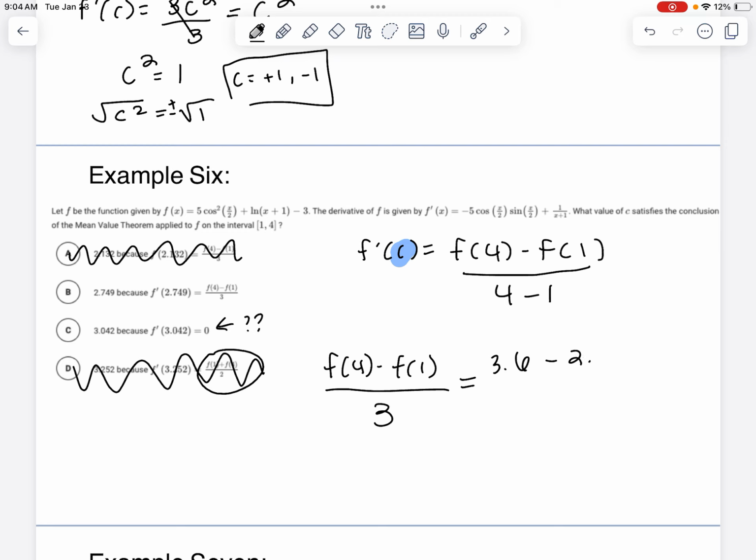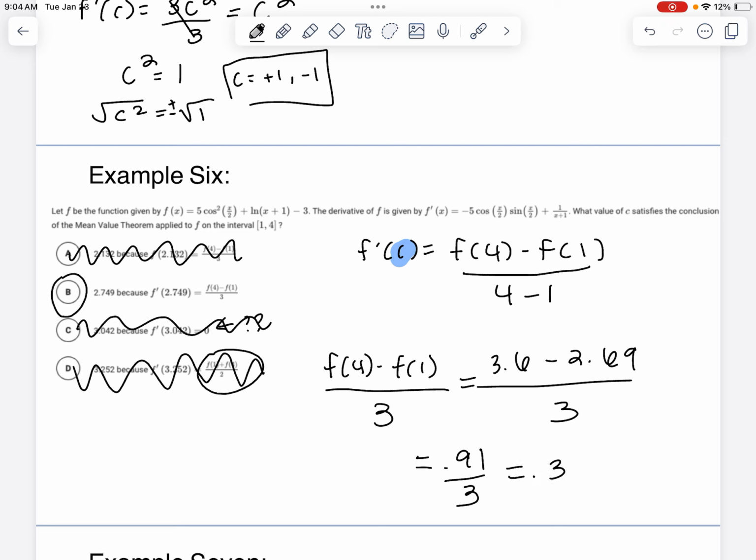And this equals 2.69 over 3. And if I subtract those, I get 0.91 over 3. And that is 0.3. So that doesn't equal 0. And so this one's out. And so by process of elimination, that has to be B. So that's how you would do that one.